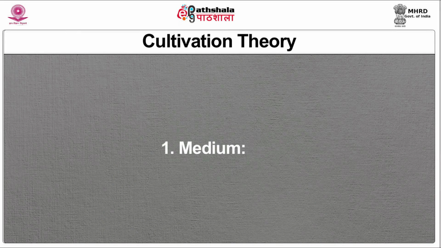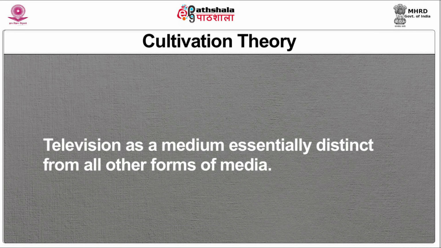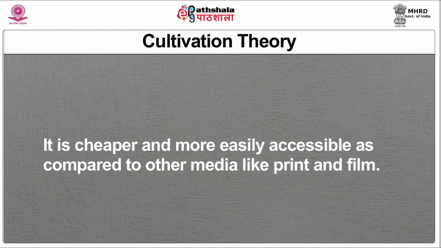Cultivation theory is based on three assumptions. First, medium. This theory regards television as a medium essentially distinct from all forms of media. It is cheaper and more easily accessible as compared to other media like print and film.